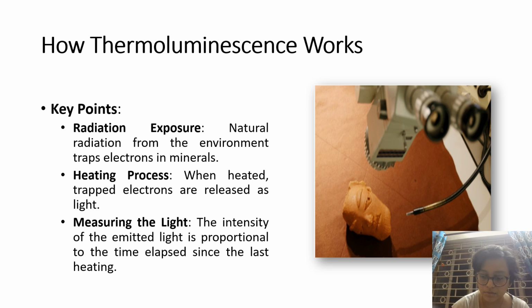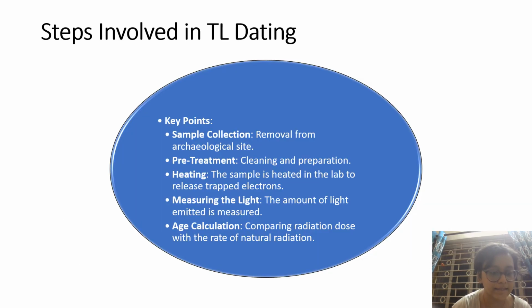So coming back to the next slide, here we will try to understand the involvement of TL dating. Firstly, the sample is carefully collected from the archaeological site, avoiding contamination, and when it's taken to the lab, the sample undergoes various treatments.